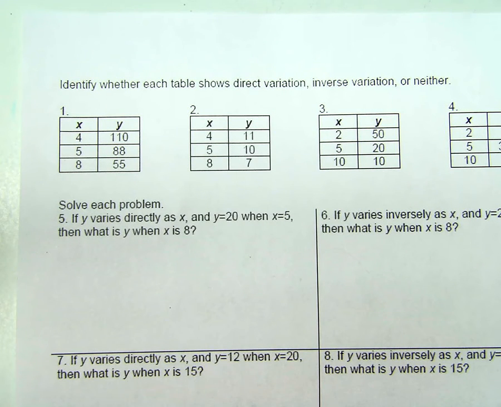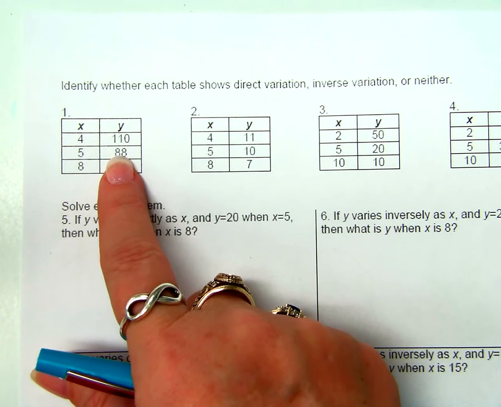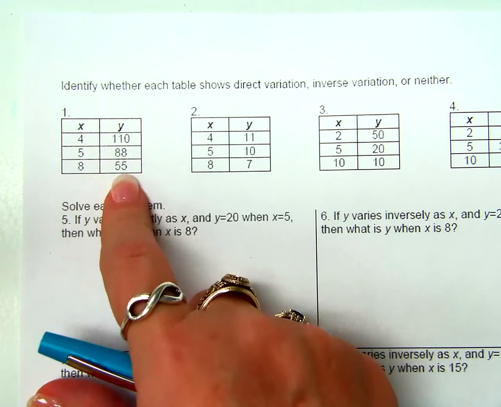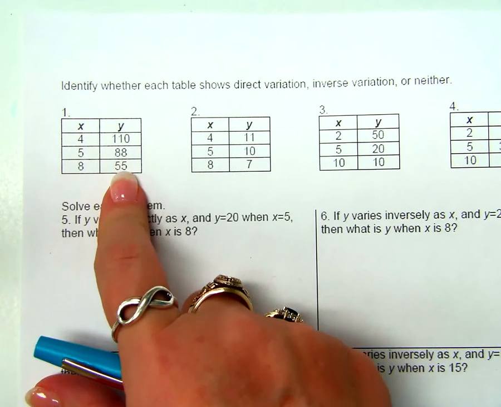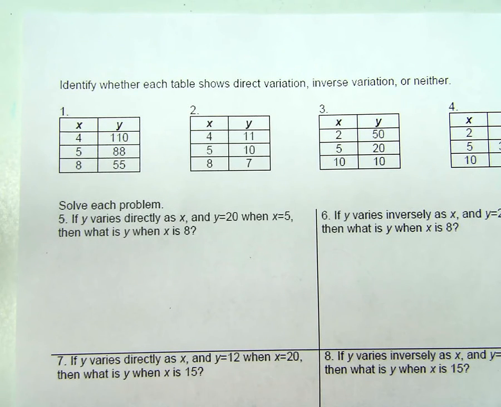I hate when they throw that neither in there, because then I really have to know what I'm talking about, right? How am I going to decide if this is direct or inverse, first of all? What's the first thing I can look for? Increasing, increasing, or increasing, decreasing? Increasing, decreasing. So my first guess might be inverse, right?